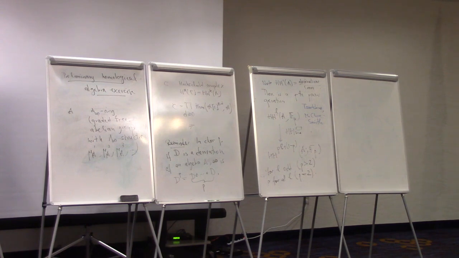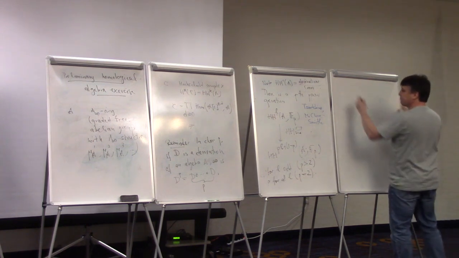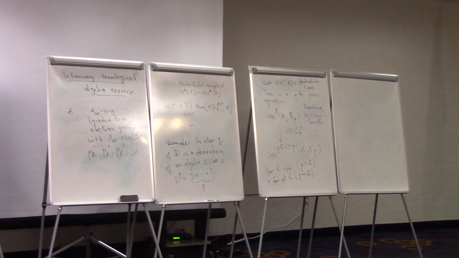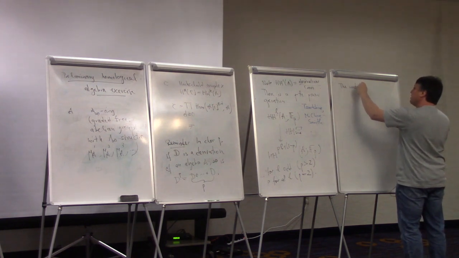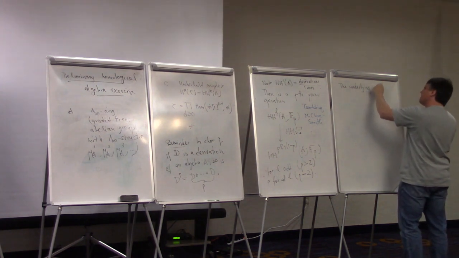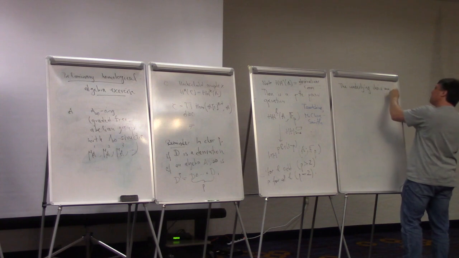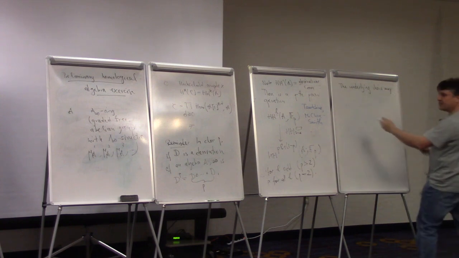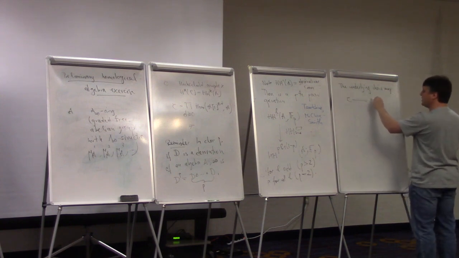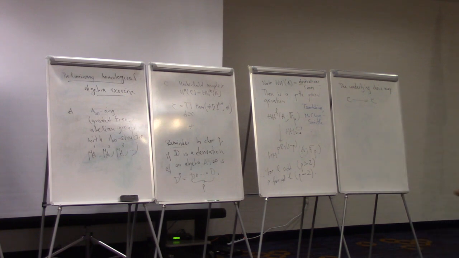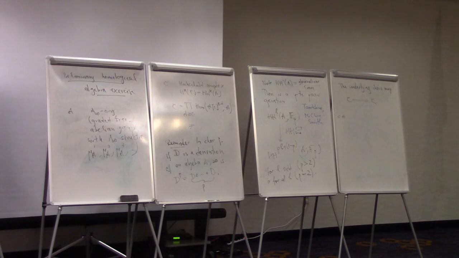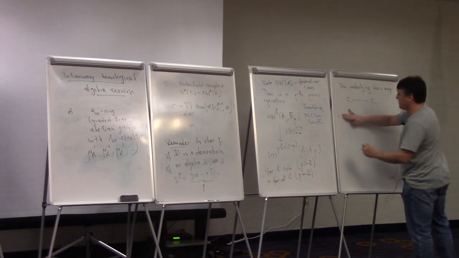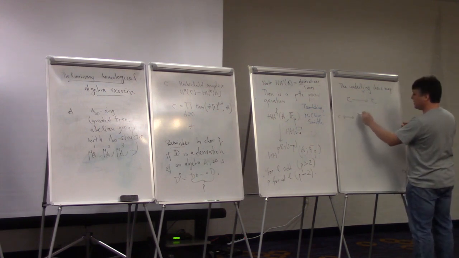The underlying chain map is a map from C to C. You take a Hochschild cocycle C, and you map it to the following thing.